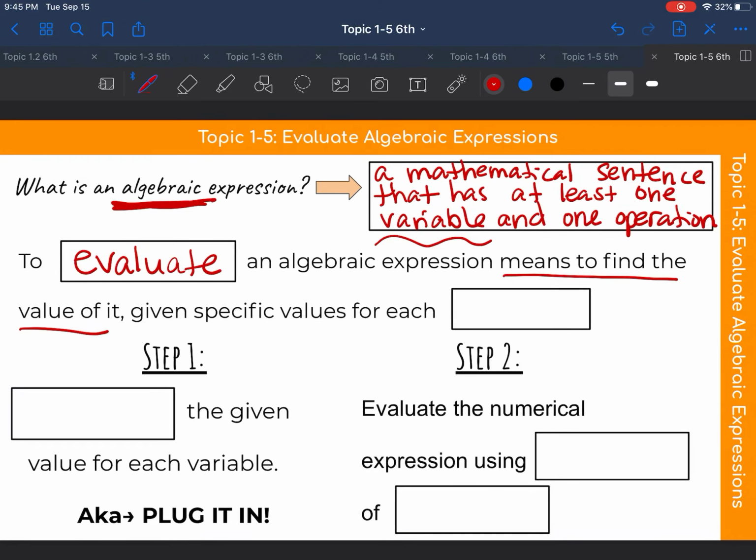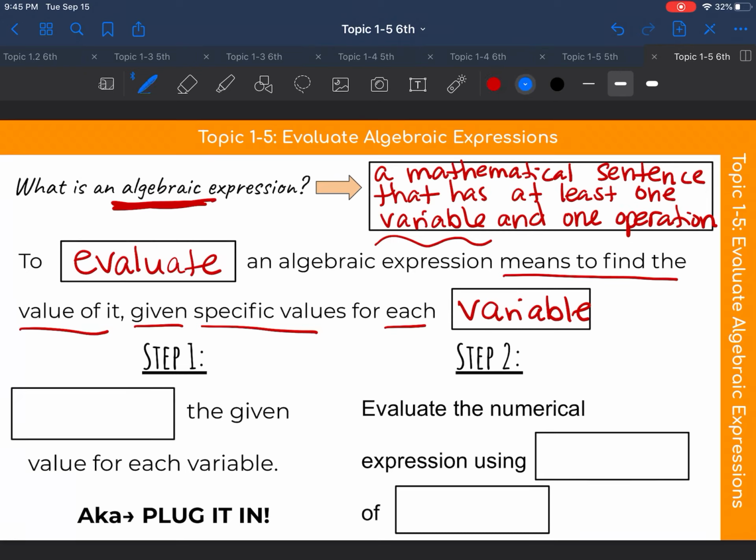So to evaluate an algebraic expression, we are given the specific values for each variable. So first it says substitute the given value for each variable.